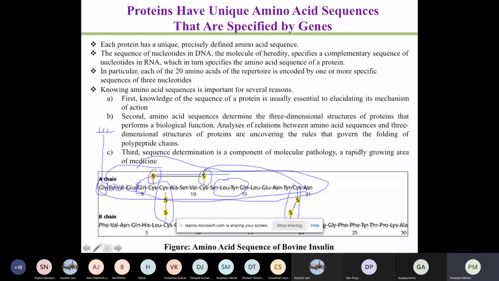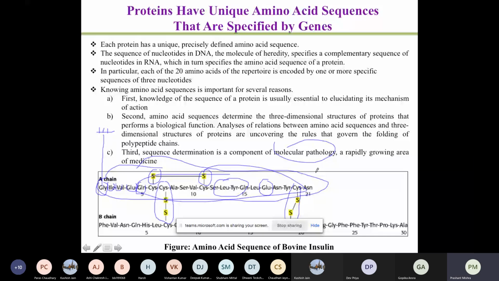Then in some cases, the sequence also determines the molecular pathology. What is molecular pathology? If I replace glutamic acid by some other amino acid, it becomes a mutation in the gene, and that can cause a particular disease. That is called molecular pathology. This is well reflected in the case of sickle cell anemia.